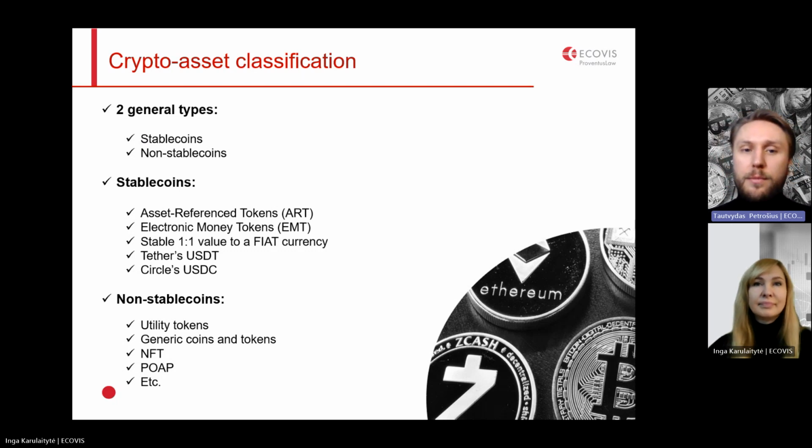So some examples could be Binance's BNB coin, Solana's SOL token, but it could also be just as easily Cyberpunk's NFTs, proof of attendance protocols, or POAPs, and you name it. So as we've discussed, if it's a legal representation of a value or right that's transferable and storable, and it uses DLT, there is a good chance that it's a crypto asset.